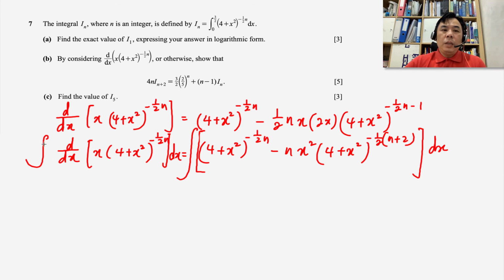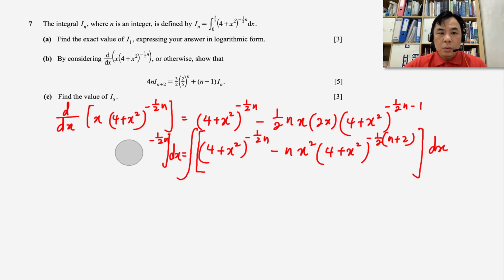And then the integration, the antiderivative of differentiations, would only give us the same result. Oh yeah, by the way, let me erase this and then rewrite neatly so that you can see clearly what I'm trying to achieve here.